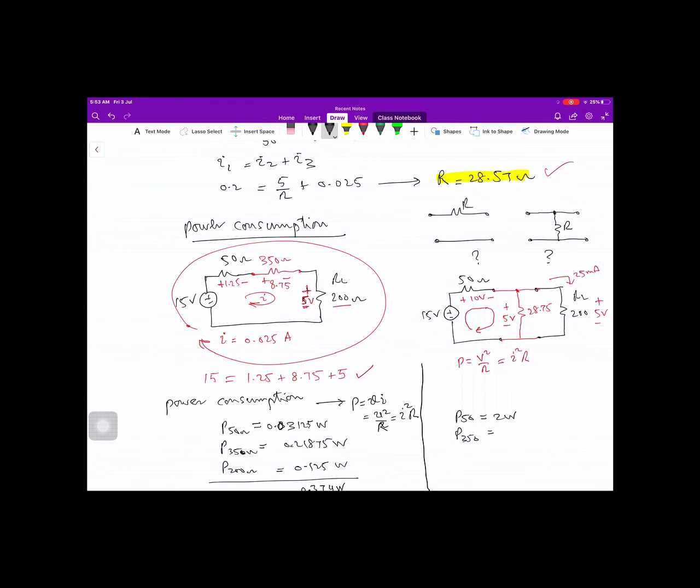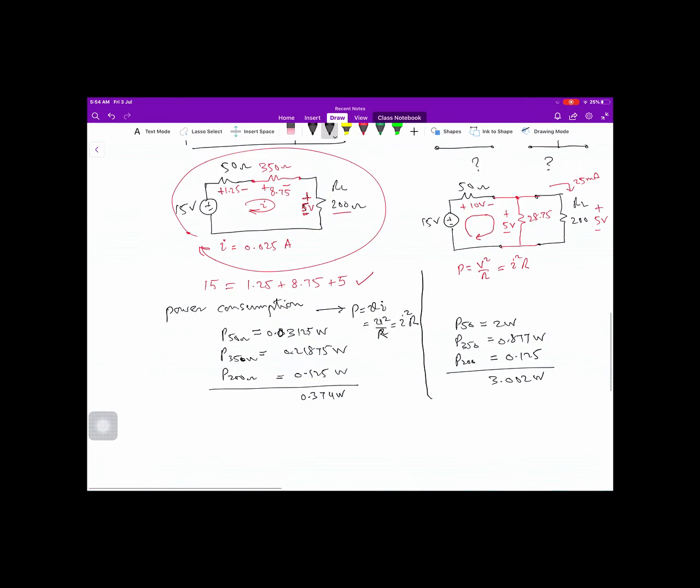This is 0.875 watt. And what is the power consumption across 200 ohm load resistance? 0.125, and what is the total power consumption? This is 3.002 watt or 3 watt.